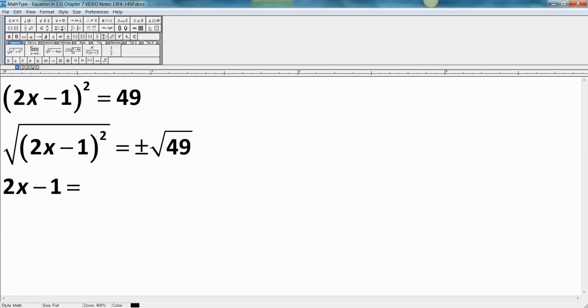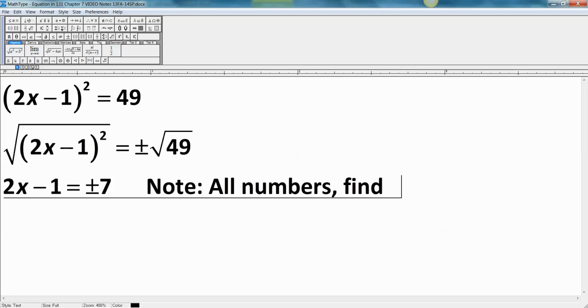Equals plus or minus 7. Now we have all numbers. So if that happens, note: all numbers, find both roots. There's a little note to ourselves.